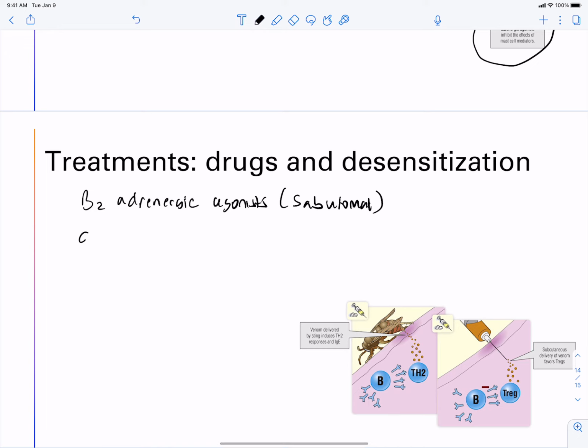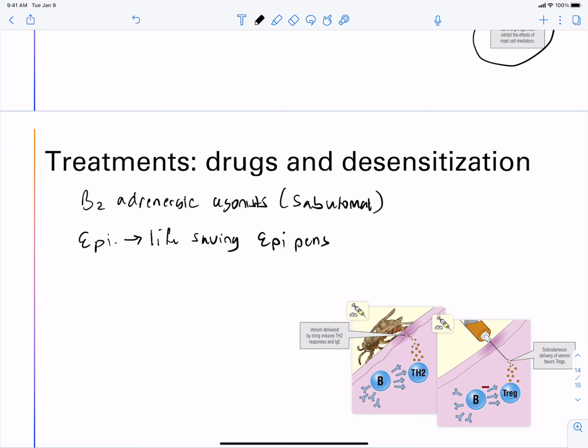We have epinephrine, which is going to be life-saving, especially to those who have systemic allergic responses. Those EpiPens. Anaphylaxis is going to be a decrease of blood pressure. And so you're going to want to reverse that by treating with epinephrine.